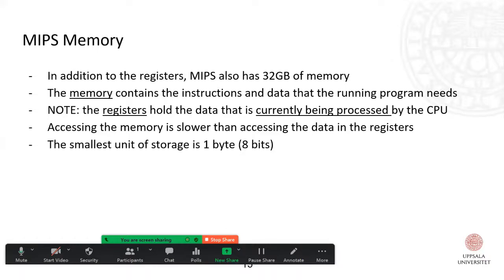The smallest unit of storage is 1 byte. Sometimes when you have small data, for example, an ASCII code that shows a character, you just need to occupy 1 byte. Sometimes, for example for storing integer variables, you need to occupy 4 bytes. This is something we need to keep in mind when using assembly instructions, because there are in general different instructions for working with 1 byte or 4 bytes.